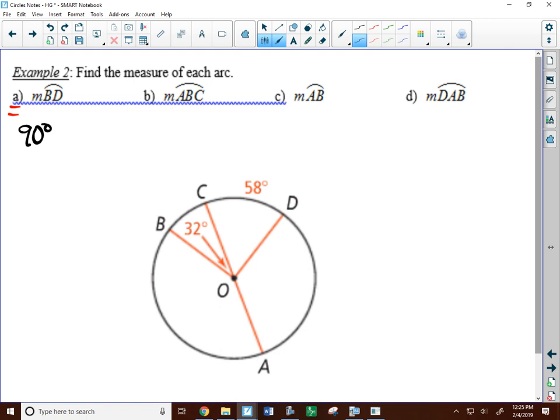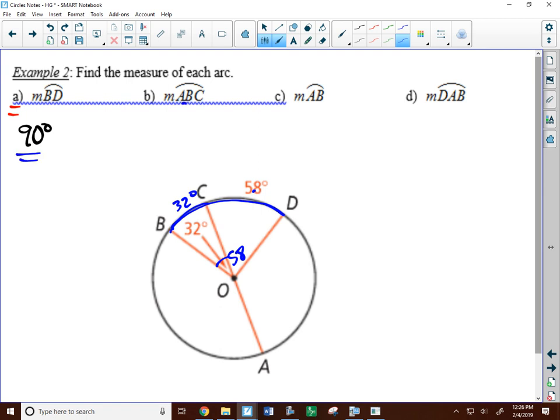I do just want to point out that this one used the central angle as 32, then said that's the same as the arc. The arc will have the same measure, and then combining these two. You also could have put the 58 down here, but they didn't ask for BOD. So you add them together, you get 90.